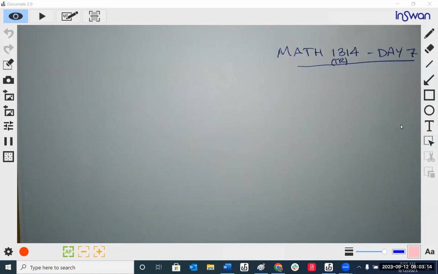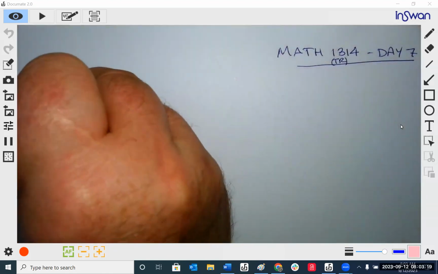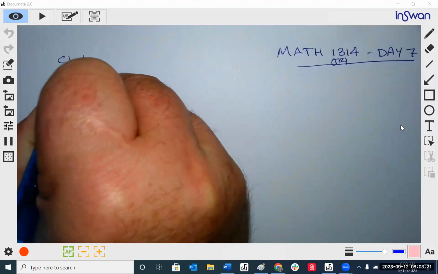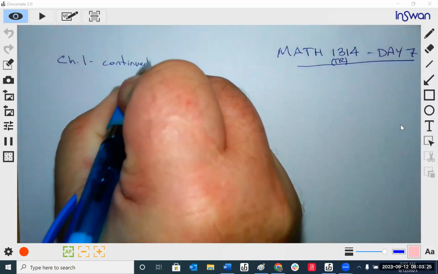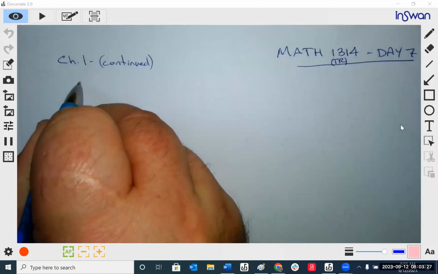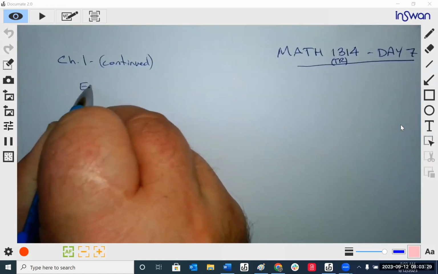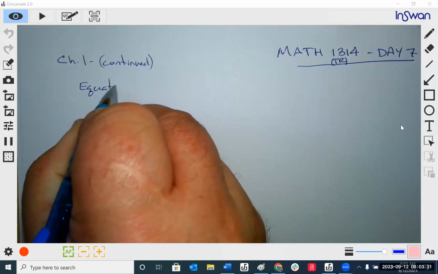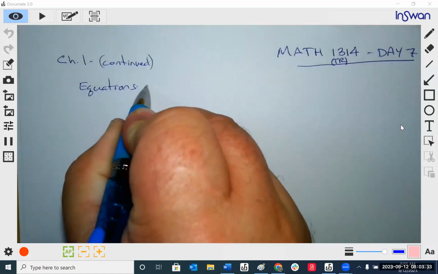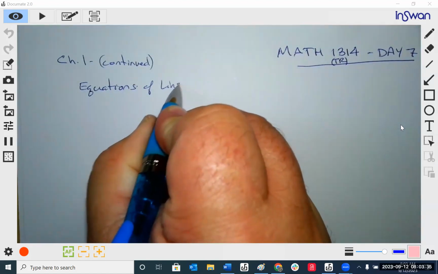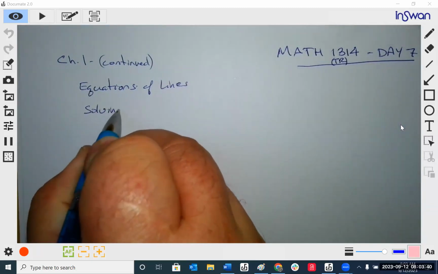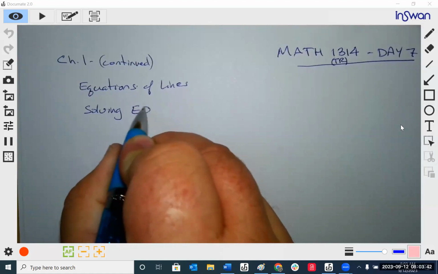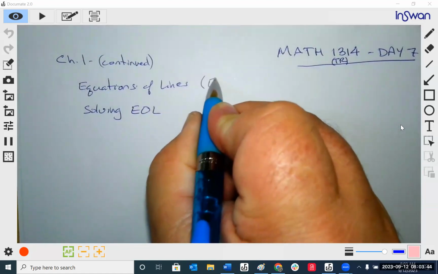Today, we're going to do three things, really. We're going to continue chapter 1. We're going to finish it, actually. We're going to talk about equations of lines, finding them, solving equations of lines, that's what I'm going to call EOLs.